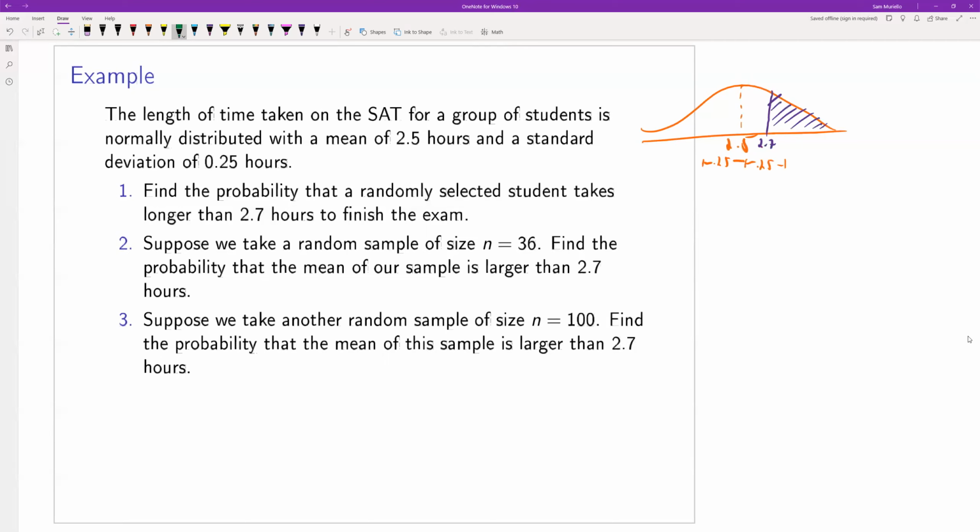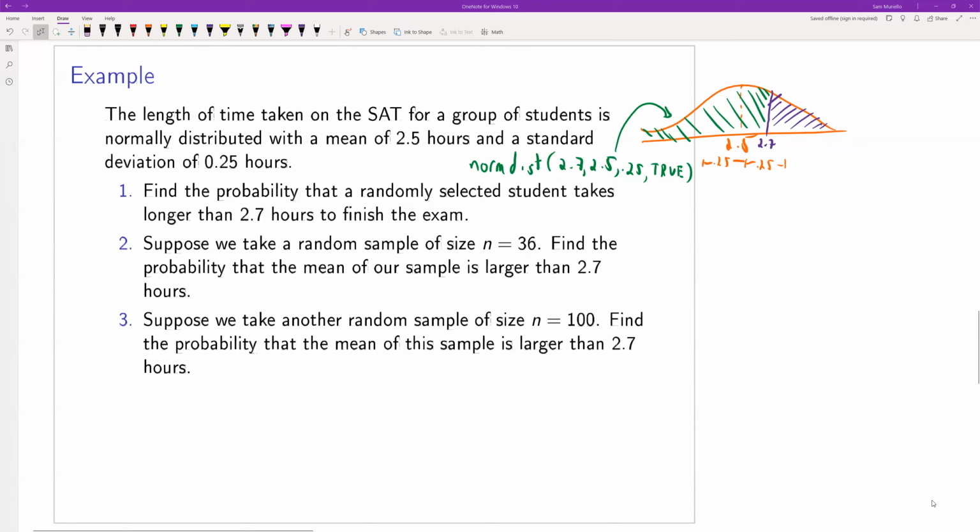Now, we would approach this using norm dist, since we're going to go from a number to a percentile. 2.7, 2.5, 0.25, and of course, always true. That will represent this part of the graph, because remember, norm dist always measures to the left of a certain value.